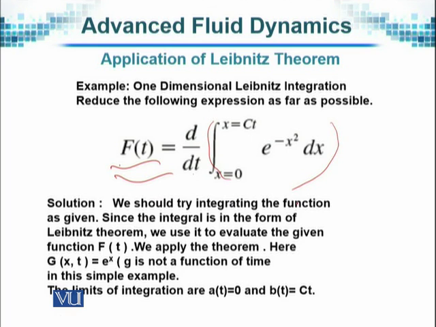Now, when we try to reduce this function as far as possible by using this theorem, we see here that the function G of x, t is equivalent to e to the power minus x square. So we apply the theorem and replace G of x, t by e to the power minus x square. You can see that the capital G is not a function of time, it's only a function of x.